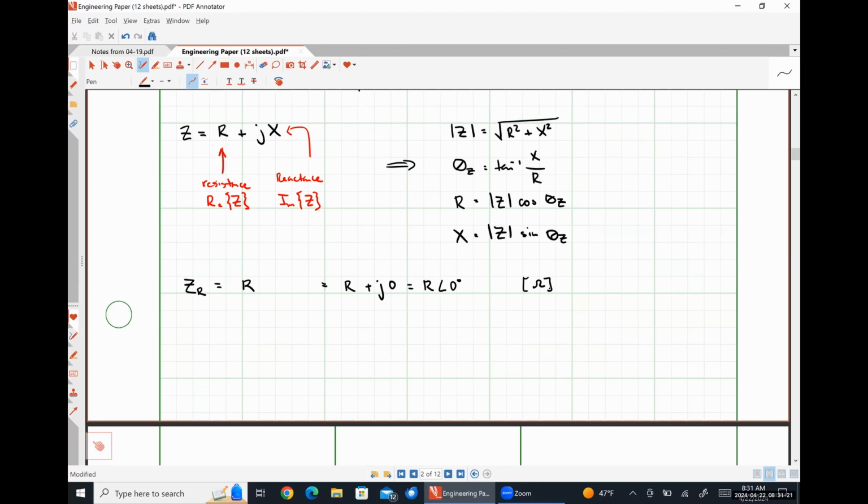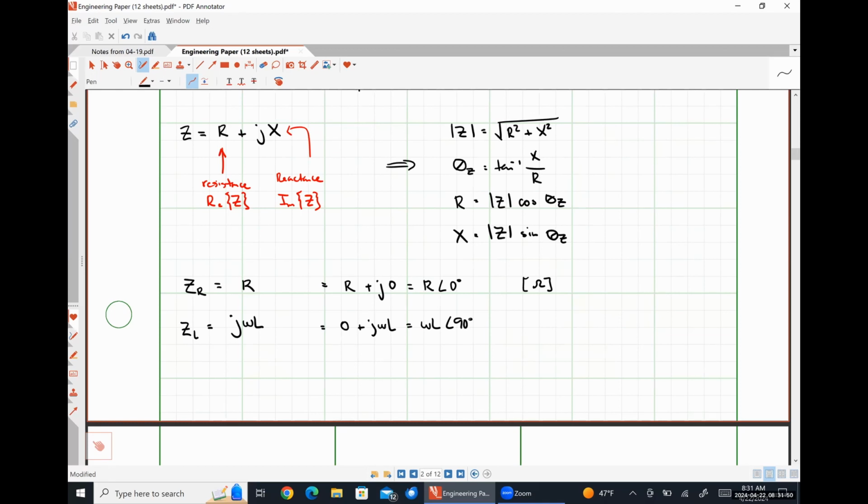Okay. For an inductor, we take the ratio of phasor voltage V to phasor current I. We get simply j omega L, which can be expressed in rectangular form as 0 plus j omega L, or omega L with an angle of positive 90 degrees.